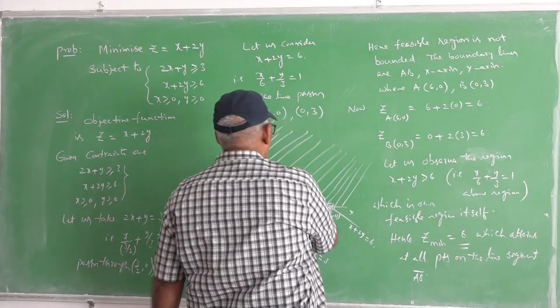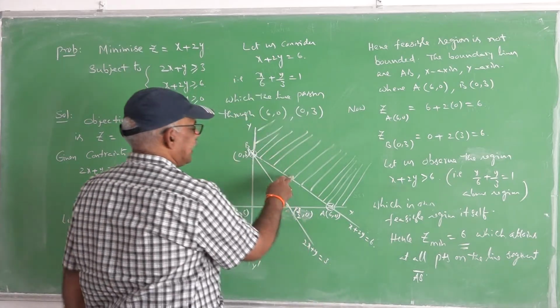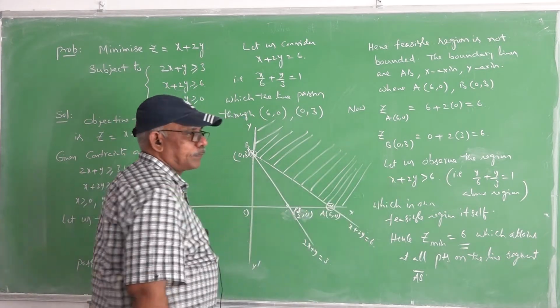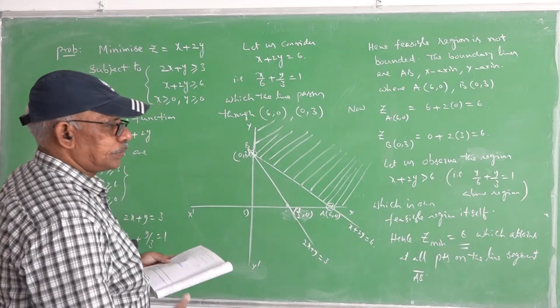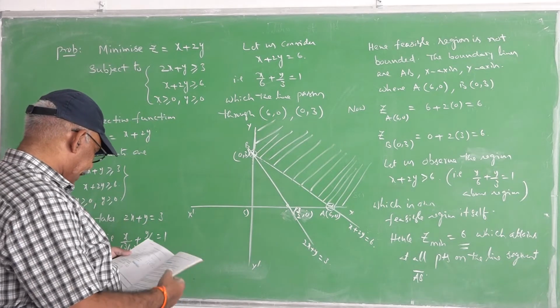Whatever point you consider on this line, it gives us 6, the minimum value of z.